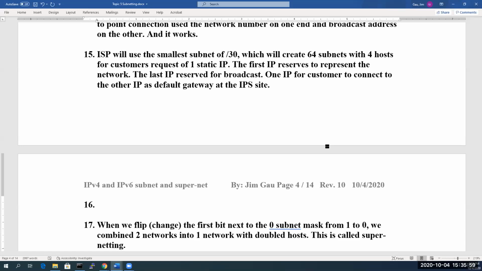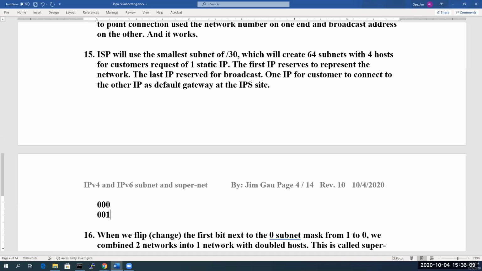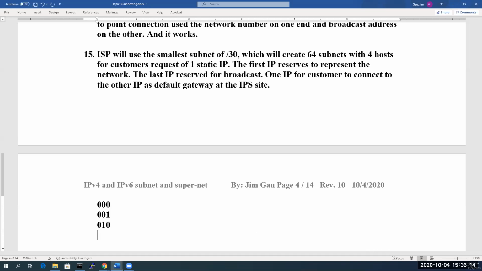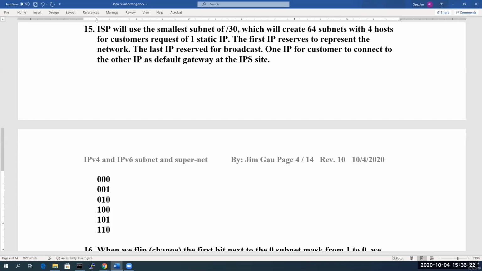It's 000, and then 001, and then 010, and then 100, right? And then 101, and 110, and then 111.